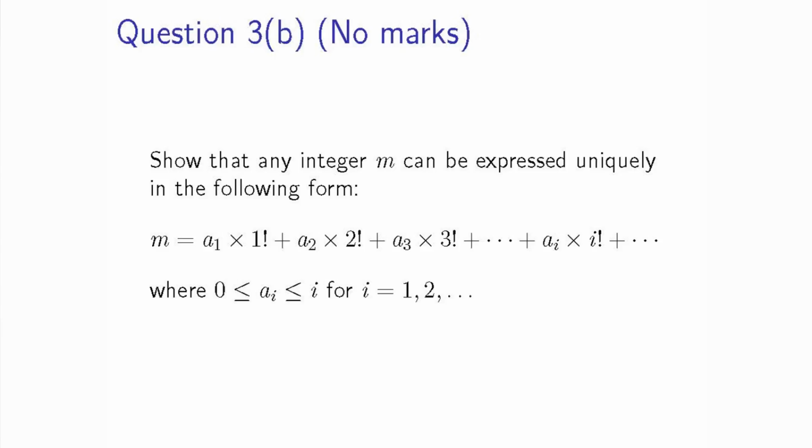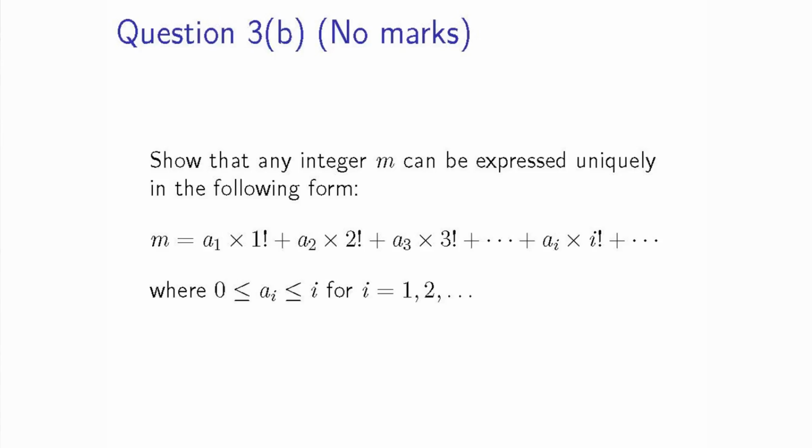So we want you to show that any integer n can be expressed uniquely in the following form, where n can be expressed as a1 times 1 factorial, a2 times 2 factorial, a3 times 3 factorial, and so on. And ai should be between 0 and i.